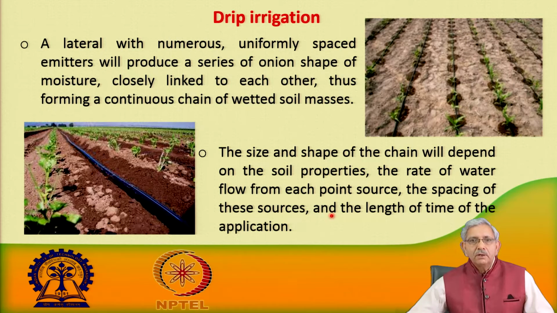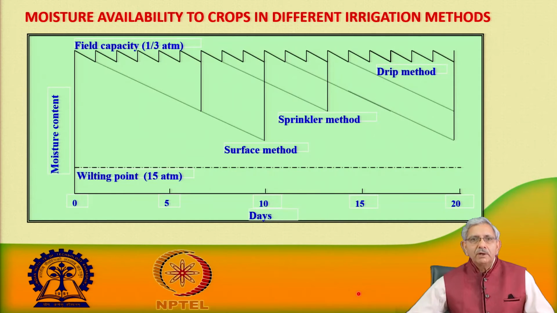It also depends on the rate of water flow from each point source, the spacing of these sources and the length of time of application, that is, how long the drip system has been operated.